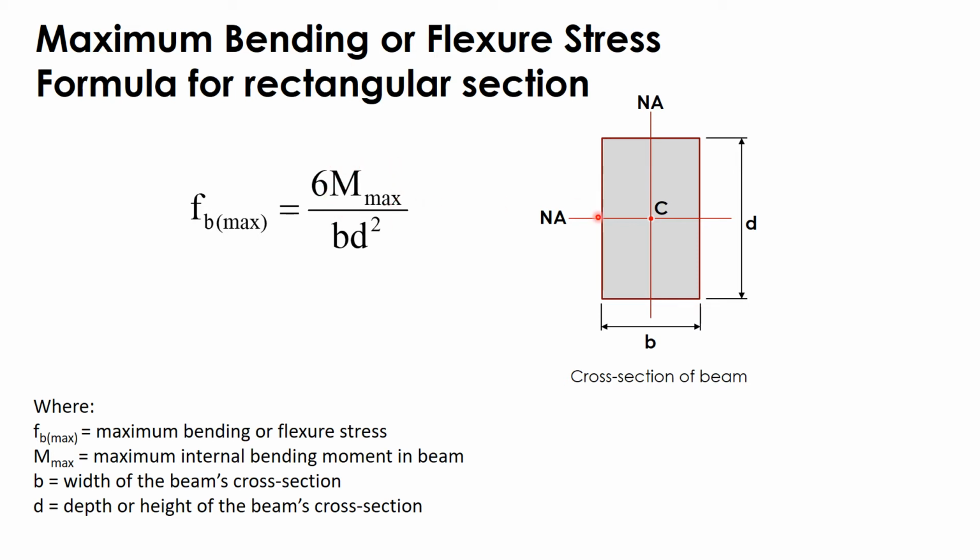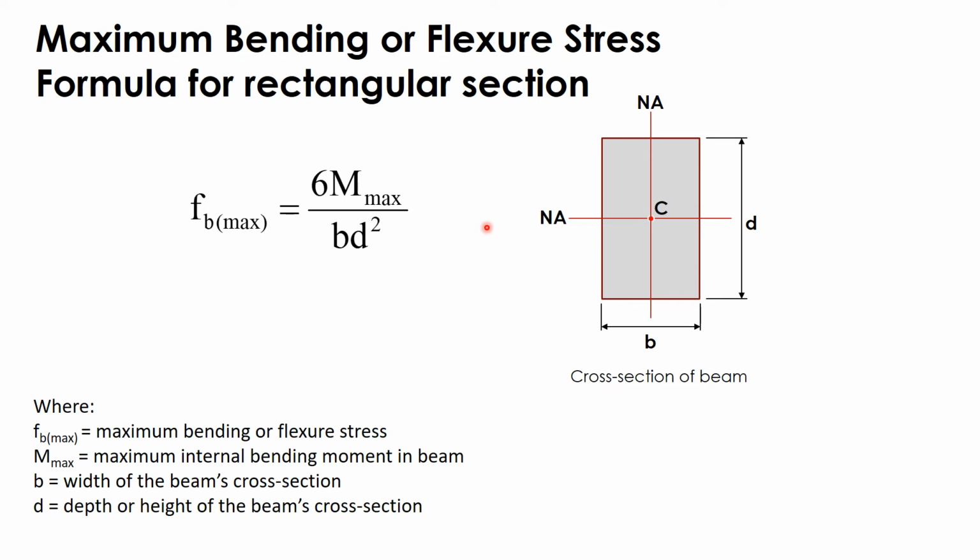So, y is d over 2. Knowing that I for a rectangular section is bd cubed over 12, you substitute these into the general formula for bending or flexure stress, and you will arrive at this equation.